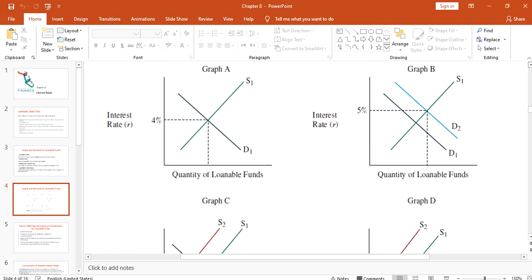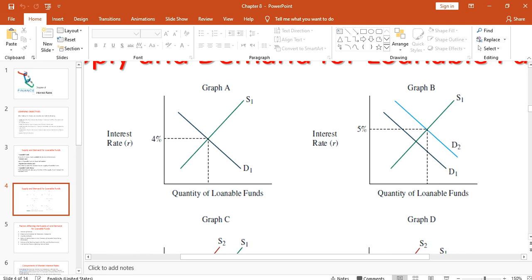Suppose we are here. You may be familiar or not, I don't know. These curves, these lines represent the supply and demand. This is the volume of money, the volume of loanable funds in the market. This is the interest rate.